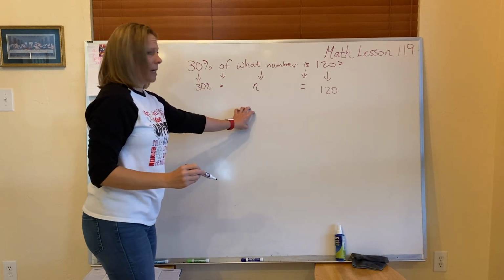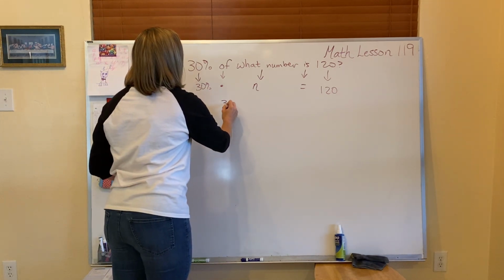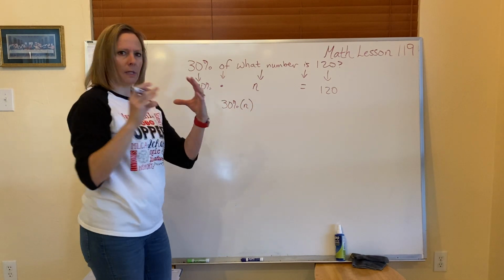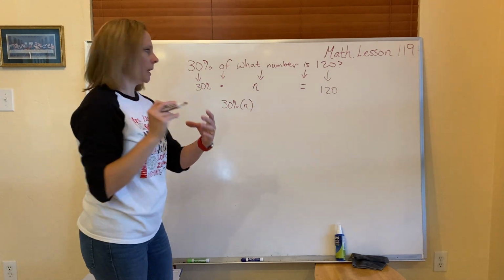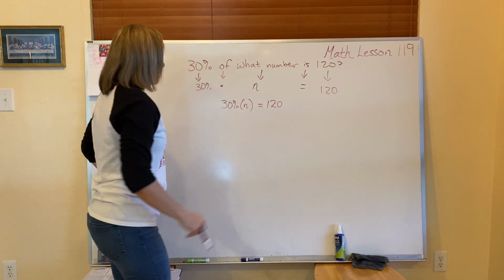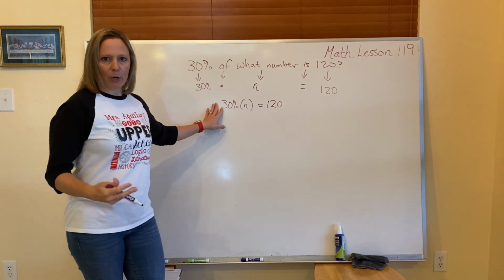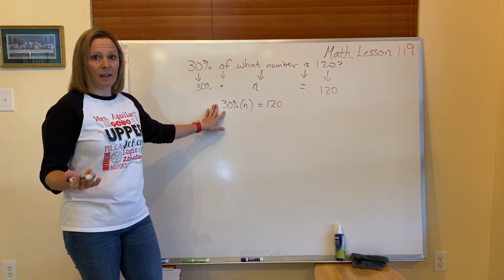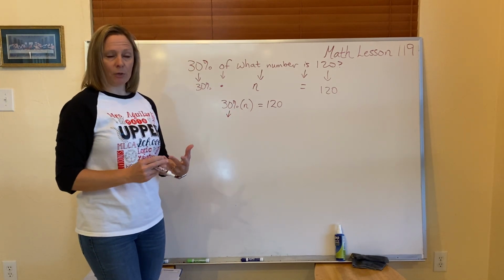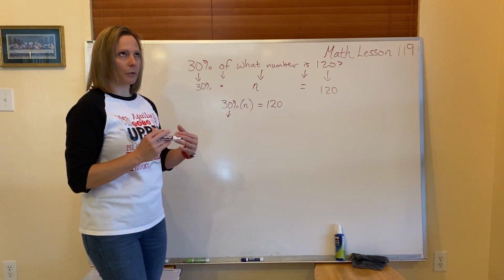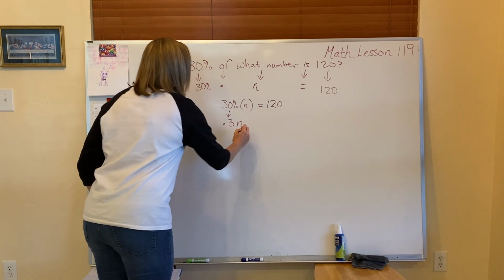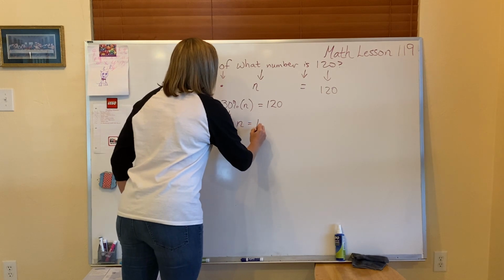So let's write this into a nice, neat equation. 30% times n. This time I'll use the parentheses to show multiplication, is equal to 120. Now to solve it, we need to turn 30% into a number. We know 30% is actually 3/10, 30 over 100 is 3/10, times n is equal to 120.